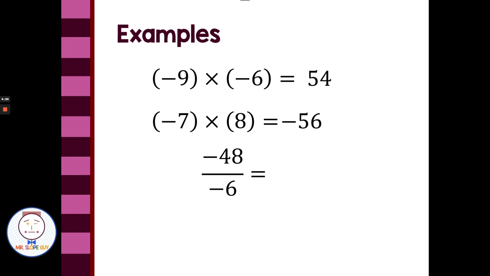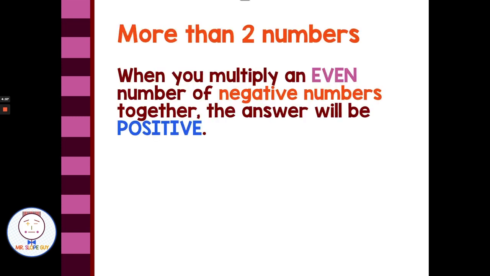Are the signs the same or different? Well, they're both negative, which means they're both the same. So we have a positive answer. 48 divided by 6 is 8. Are the signs the same or different? Different. So my answer is negative. And 8 divided by 8 is 1. Put it together, we have negative 1.